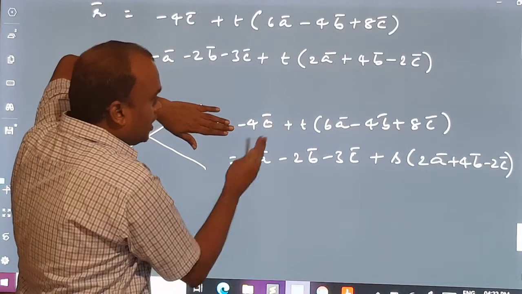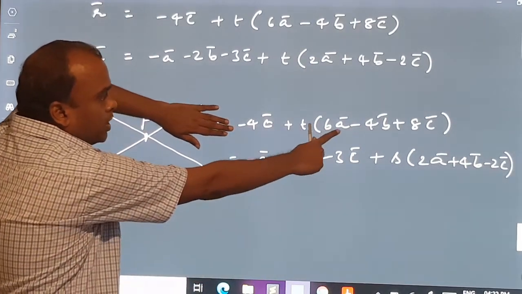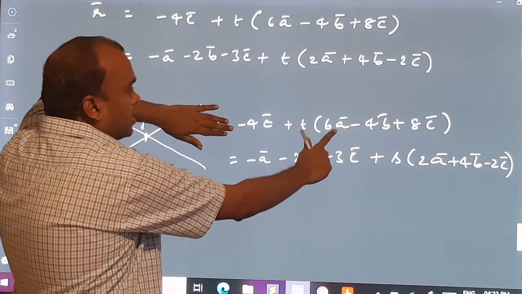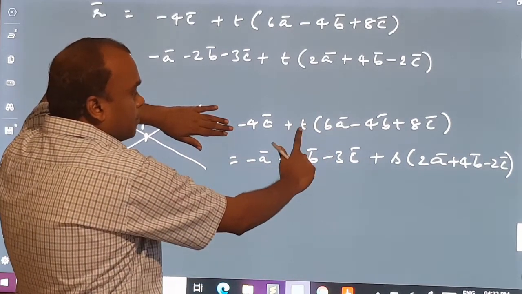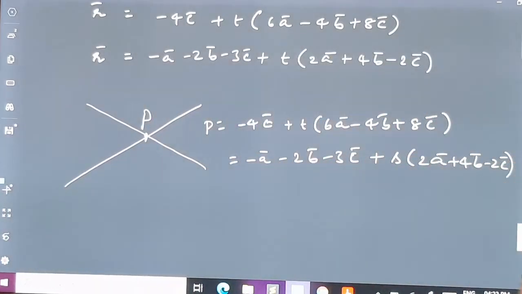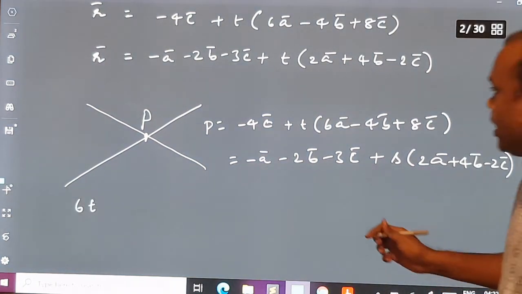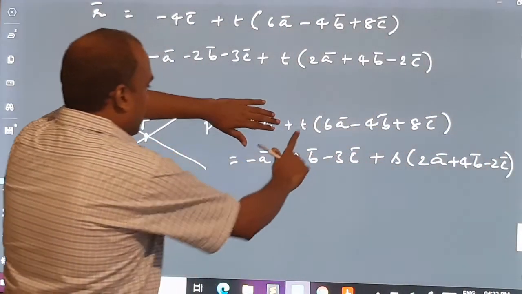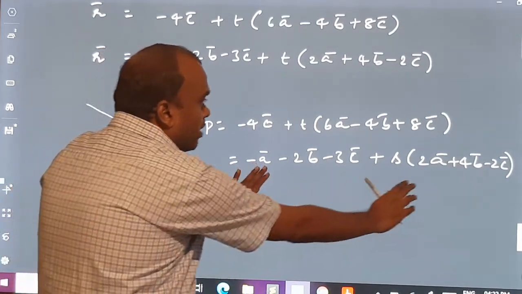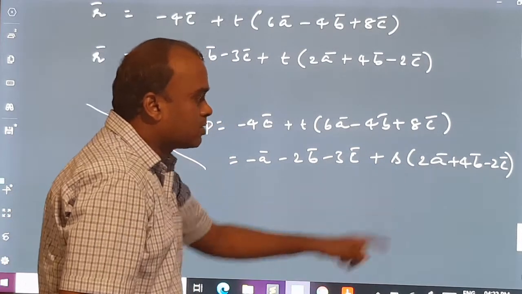Now I am equating components of a bar on both the sides. On the left hand side, for a bar it is 6t, and on the right hand side, for a bar it is minus 1 here, and one more time a bar is there, that is 2s here, 2 into s.